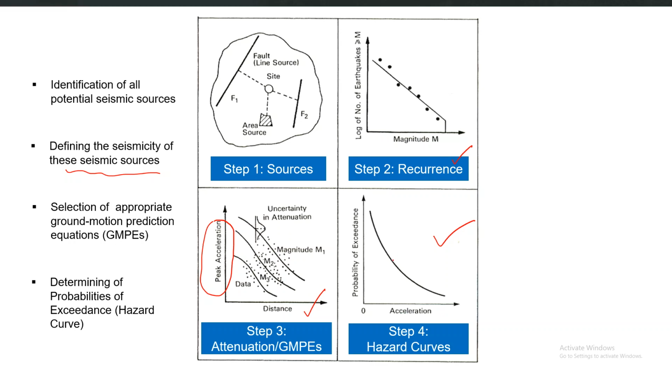This will result in the hazard curve for our site that will tell us the value of the hazard parameter for all probabilities of exceedance, or for all levels of future ground shaking. So these are the four basic parts or components of the PSHA process. In this session, we will go into a bit more detail of each of these steps.